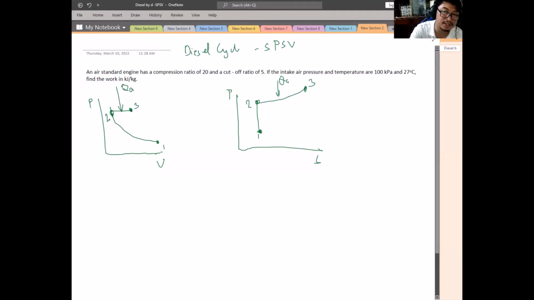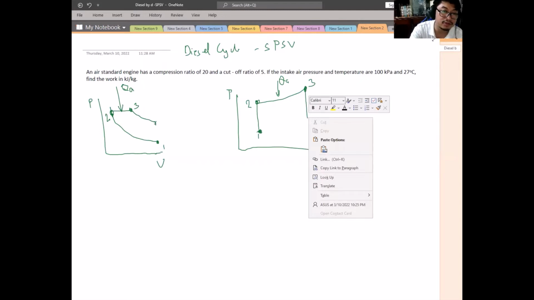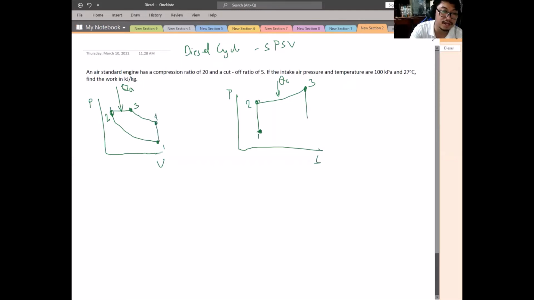During expansion, from 3 to 4, the gas expands, so pressure goes down. The temperature also goes down because of expansion; that is an isentropic process. It stops at this point. From point 4 to point 1, that is an isometric, constant volume, heat rejection, or exhaust.